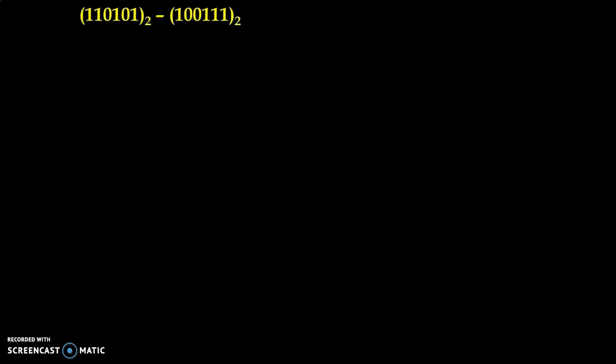Now let us take one more example. Now we have taken two binary values, that is 110101 minus 100111. Now both the binary values are of 6 bits. We can see that both the binary values have 6 bits. So 110101 is the greater value. We have to subtract 100111 from the greater value.